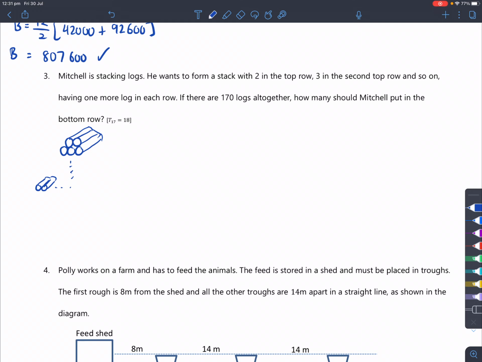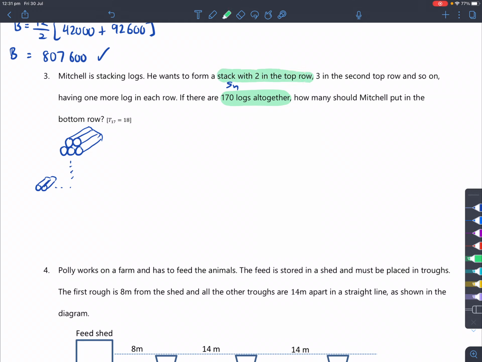So there are 170 logs altogether. This represents Sn, as we don't know how many rows there are. So that's an Sn formula. What else could we know? We know that A, the top of the rows, starts with the number 2.